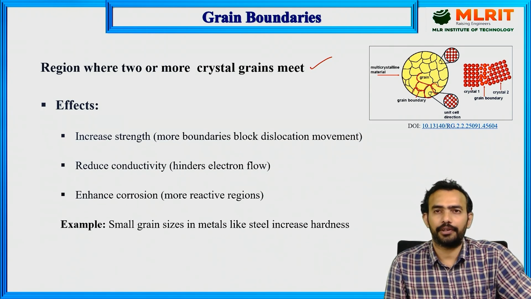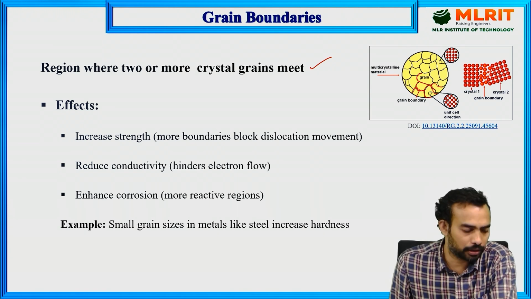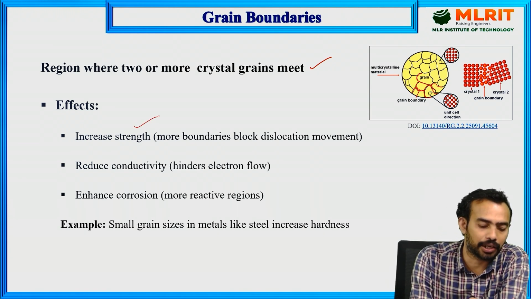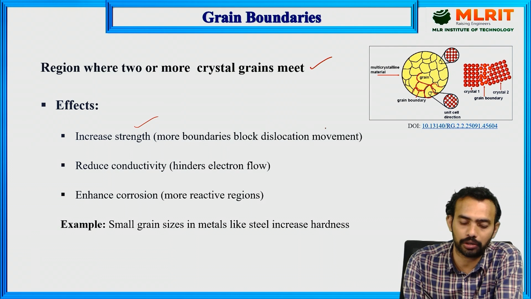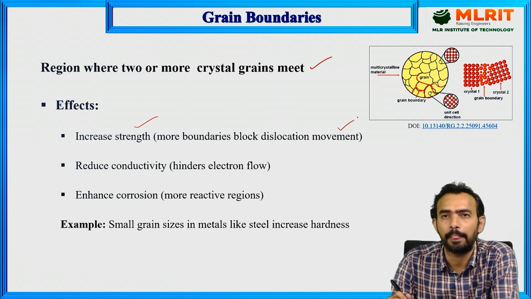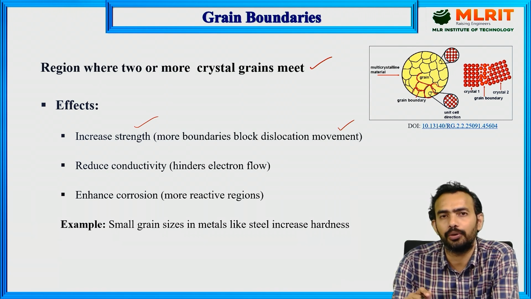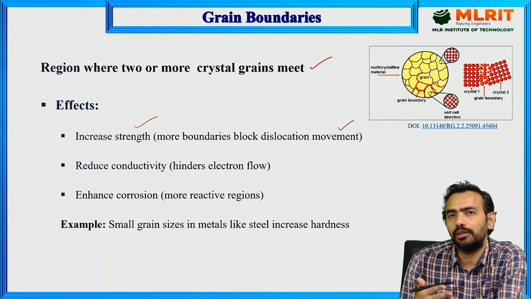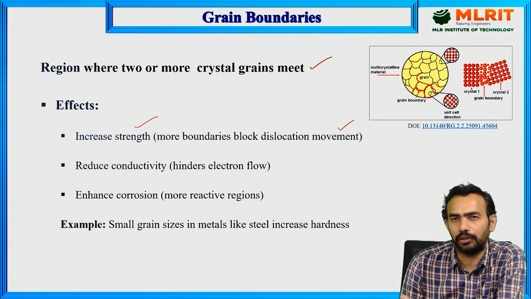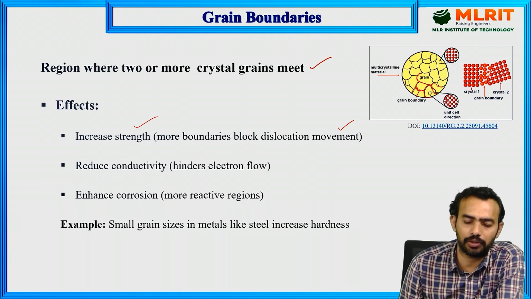So what are the effects? If more grain boundaries are there, what are the effects? Basically, it increases strength. More boundaries block the dislocation movement. Let us consider an external load is being applied on the metal. Because of that external load, the atoms will try to move. Wherever the dislocations are there, these dislocations start moving. The dislocation movement will progress and reach the boundary region.